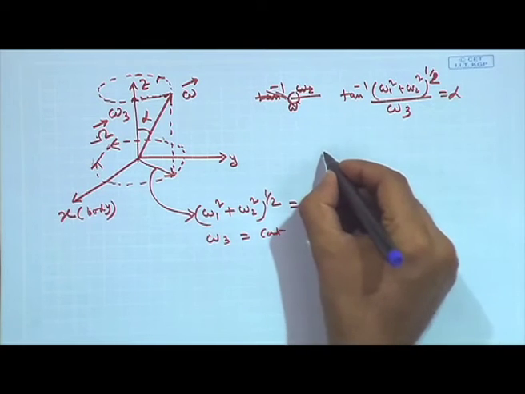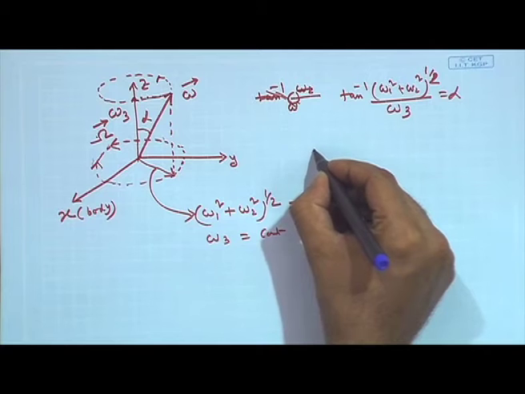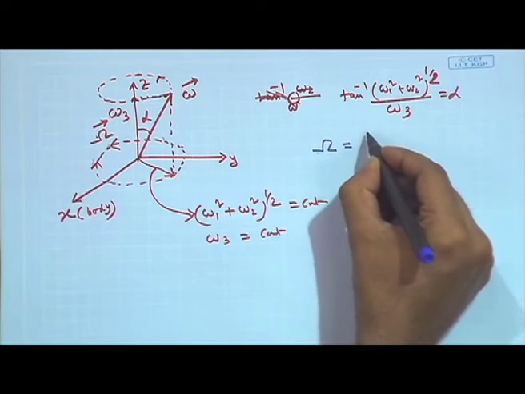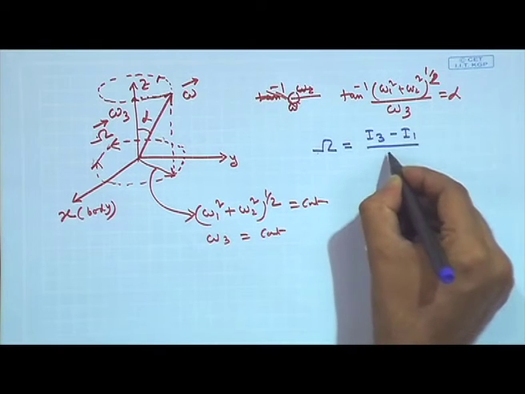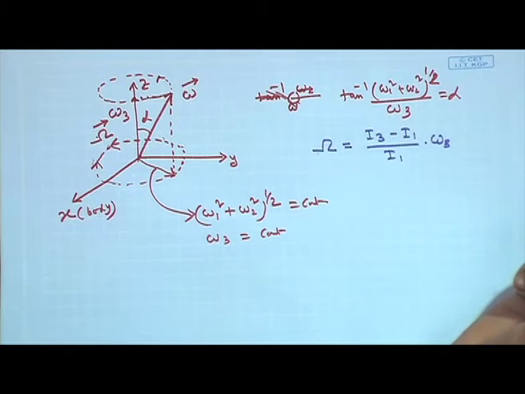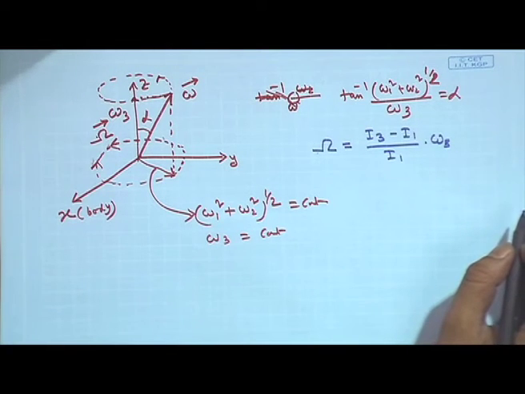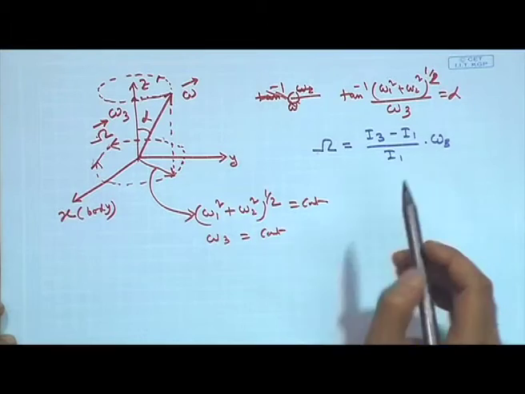Now, look at the expression of capital omega. Capital omega is given by I3 minus I1 divided by I1 times omega 3, right. So, we can put the numbers in here, and omega 3 is the angular velocity.